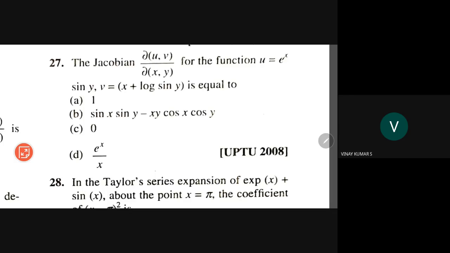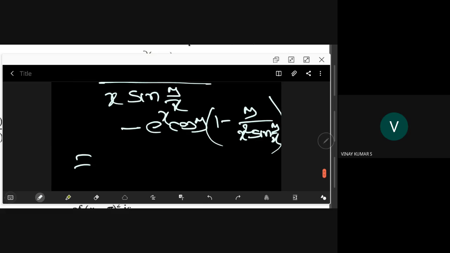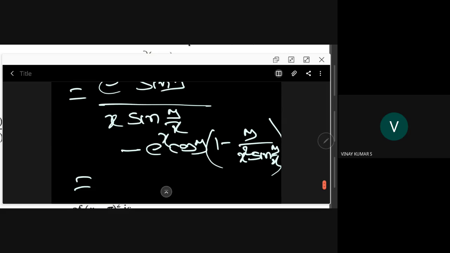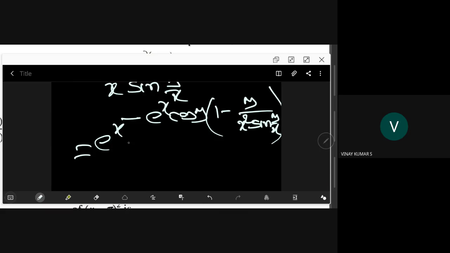Anyway, what is the simplification you get here? Better to take the LCM here. We will take e power x by x sin(y/x) common.